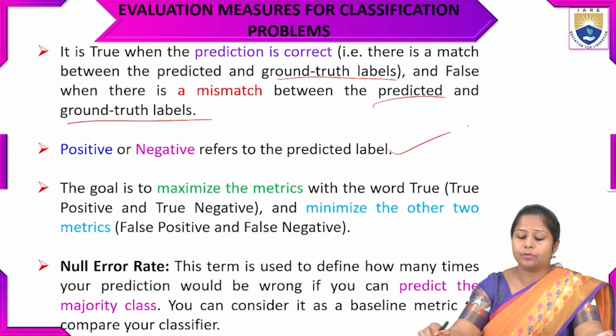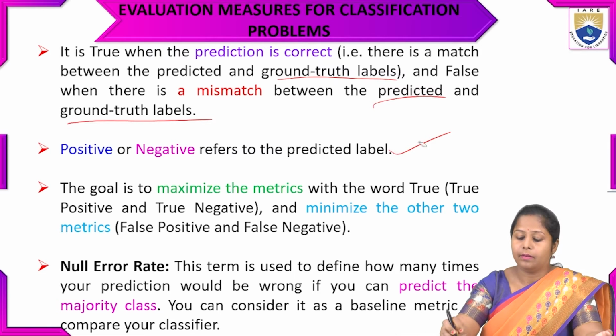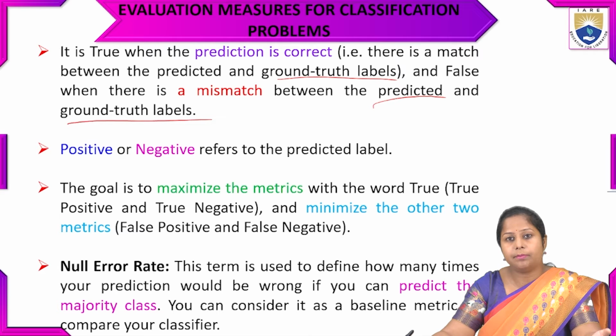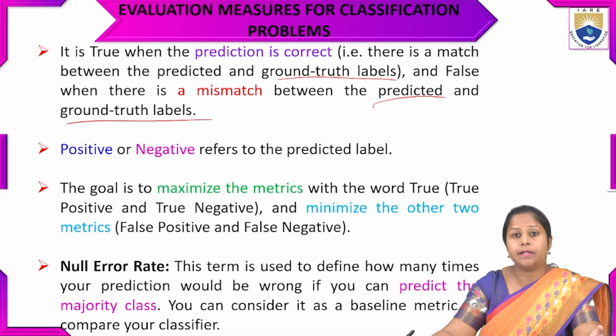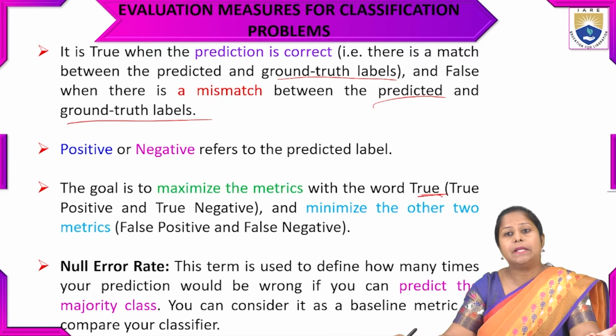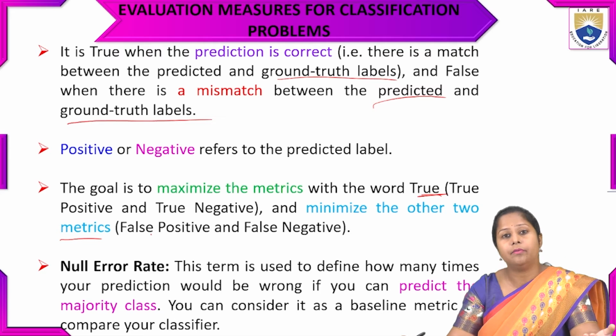Positive or negative refers to the predicted label. For prediction only we can say it is true or false, positive or negative. Now the goal is to use the confusion matrix to maximize the matrices with the word true, the true positive and true negative, and minimize the other two matrices, false negative and false positive.